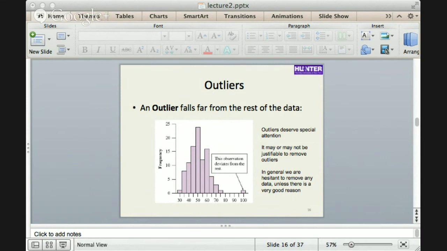The range is the least robust measure of spread, so it is exquisitely sensitive to outliers. It's just the difference between the maximum and the minimum value. From the same distribution, to give you an idea of what I mean, if we estimate the standard deviation, the interquartile range, the mean, and the median, the more observations you make, the more stable they will become. They will just converge on the population value.